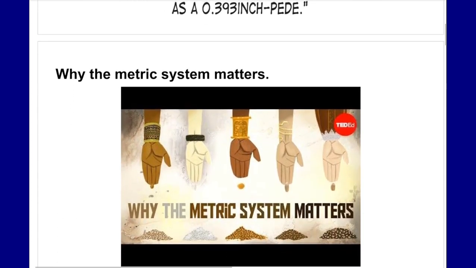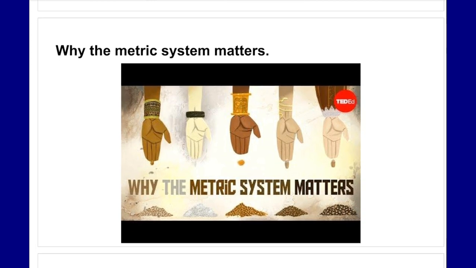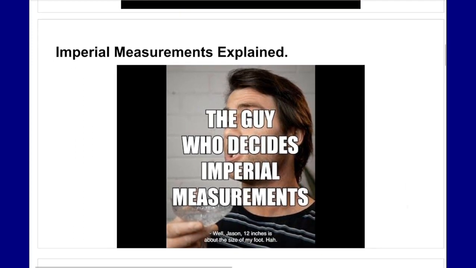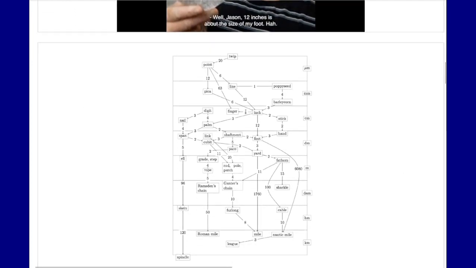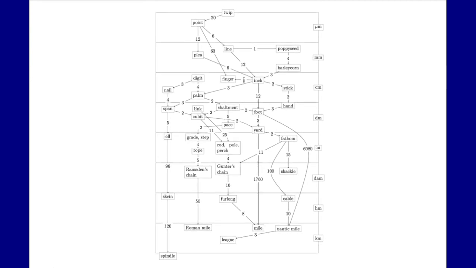So there are a couple YouTube videos that you can look at about the metric system and the imperial system. And you can look at what the different imperial measurements are. And we can see kind of a diagram here. We can see all of the different imperial measurements. Now on the left or on the right side, these are all metric. So we can see the metric system goes in a nice even order, equally spaced out or in proportion with each other.